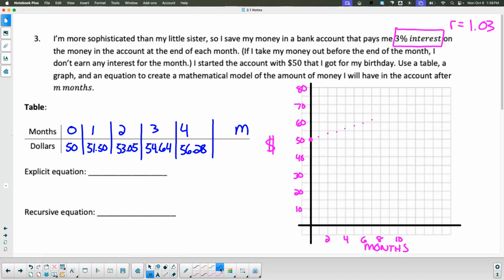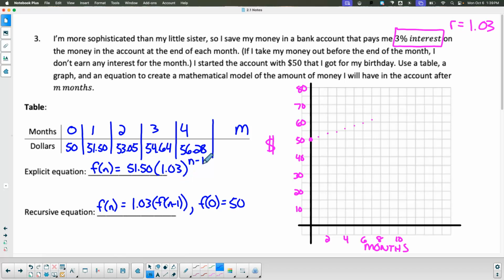Okay? So our recursive equation here was f of n is equal to 1.03 times f of n minus 1, with my 0th month being $50. And my explicit equation would be f of n equals 51.50 times 1.03 to the n minus 1 power.